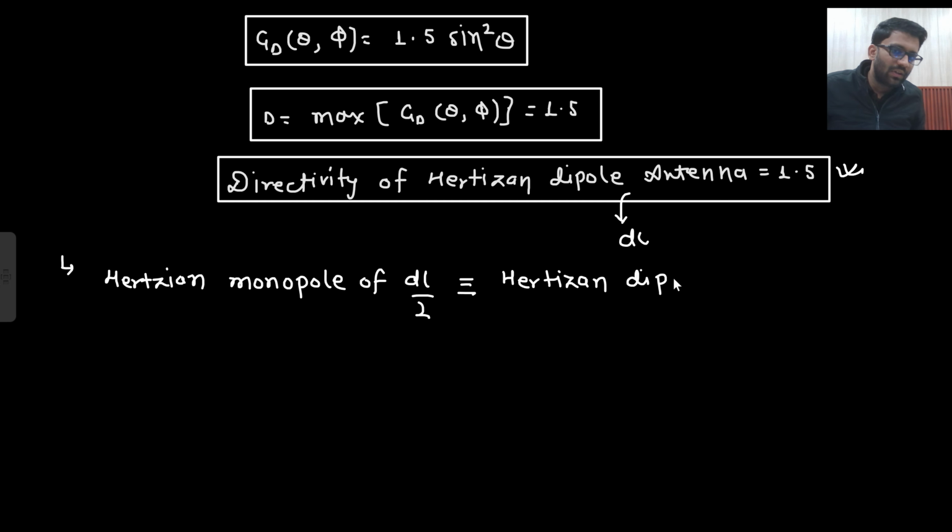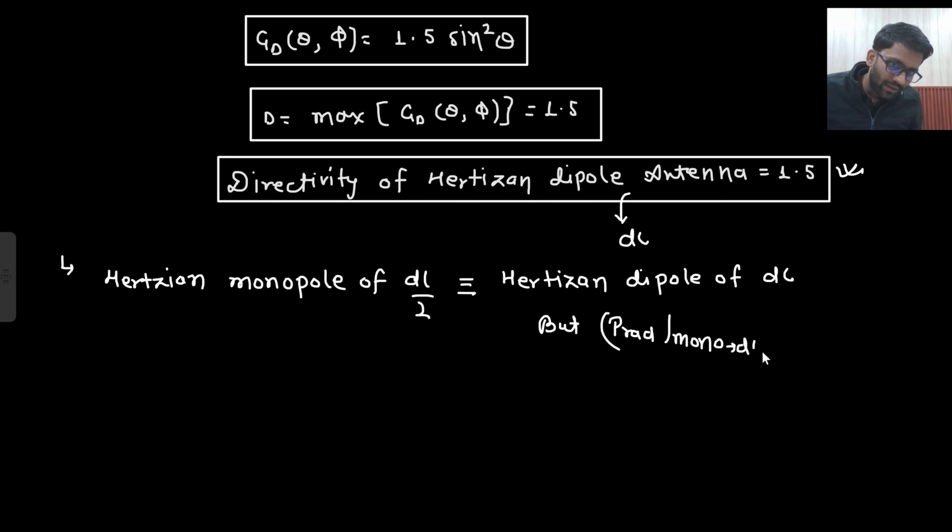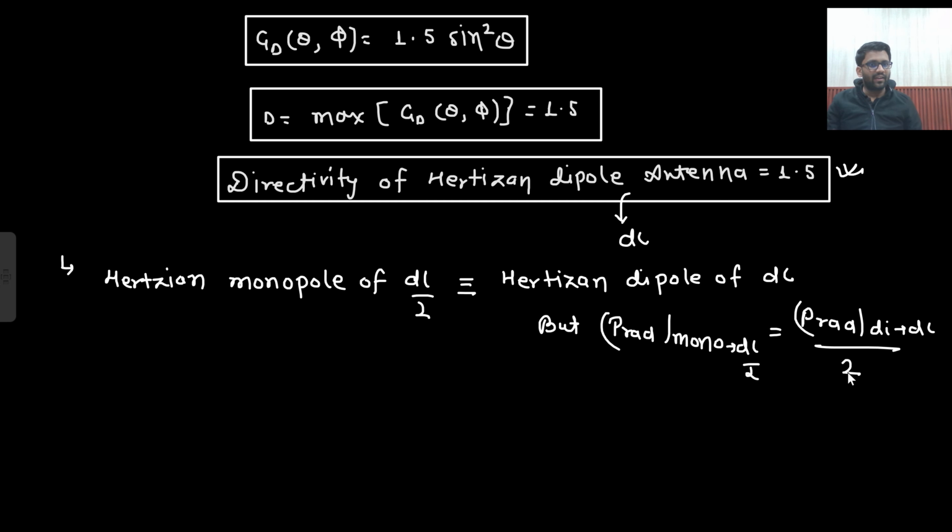So it is equivalent to Hertzian dipole of dl, but P radiated of monopole dl by 2 will be half of P radiated of dipole dl, right? Power radiated will be half, rest all will be same, P average will be same. Why is that so? Because E theta will be same, H phi will be same, so P average will be same.